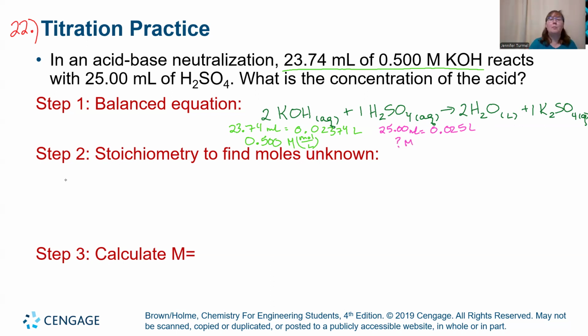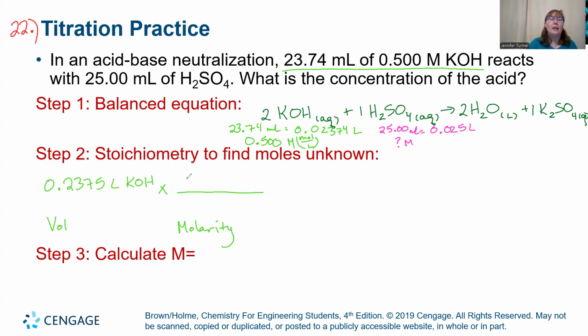So this is the same process that we had before. Again, we start with a volume of our given, and that is 0.02374 liters of KOH. And the next thing that we will have is our molarity.